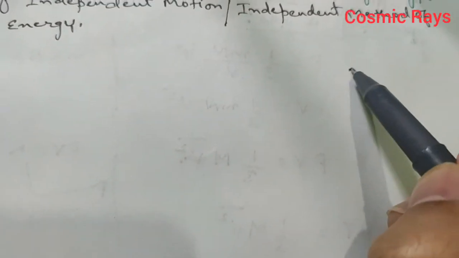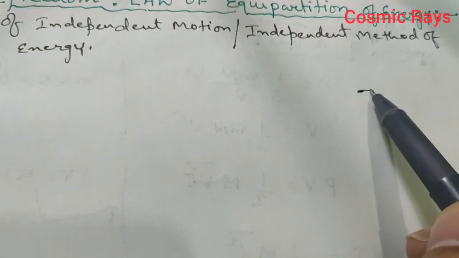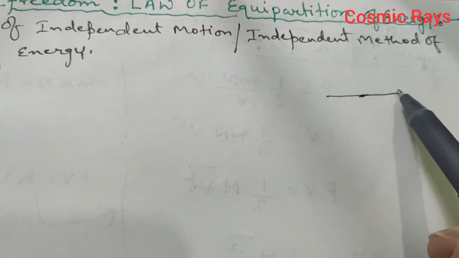Now, to understand this, let's first take the example of a monoatomic molecule. We know that monoatomic molecule means it has only one atom. Now, when it has got only one atom, it's free to move in x-axis.